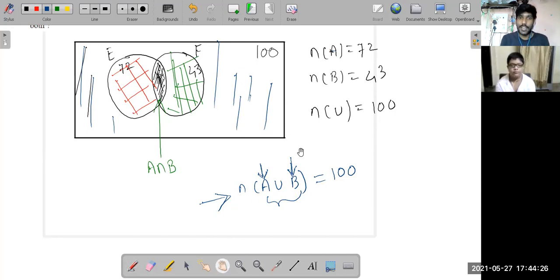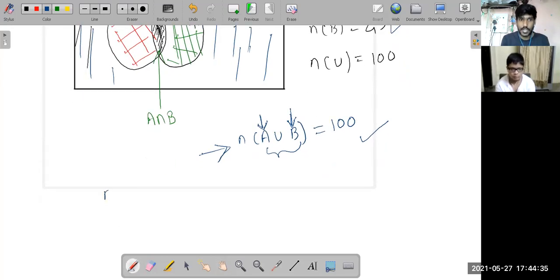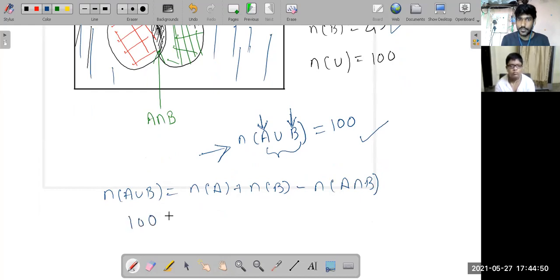And now you have n of A, n of B, and n of A union B. So you can use this formula: n of A union B is equal to n of A plus n of B minus n of A intersection B. Substitute the values. This is 100, this is 72, this is 43, and this you have to find out.